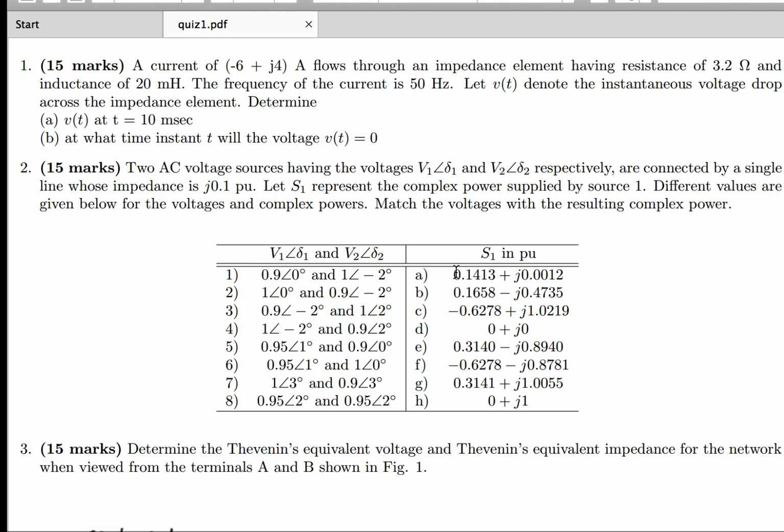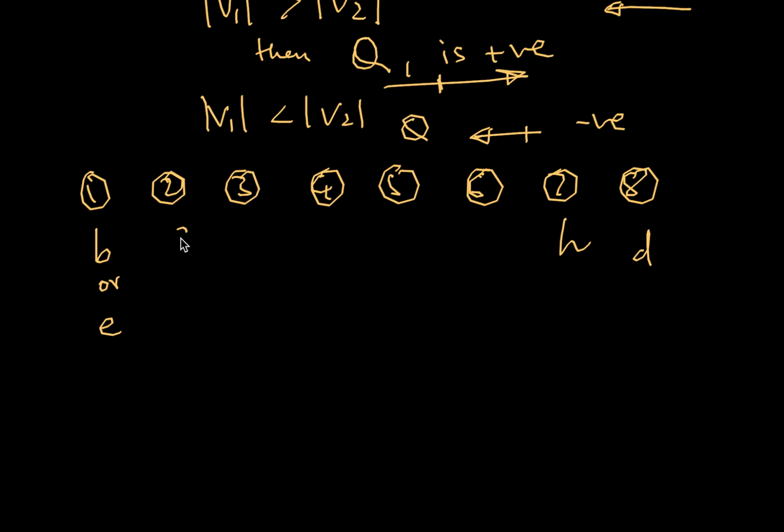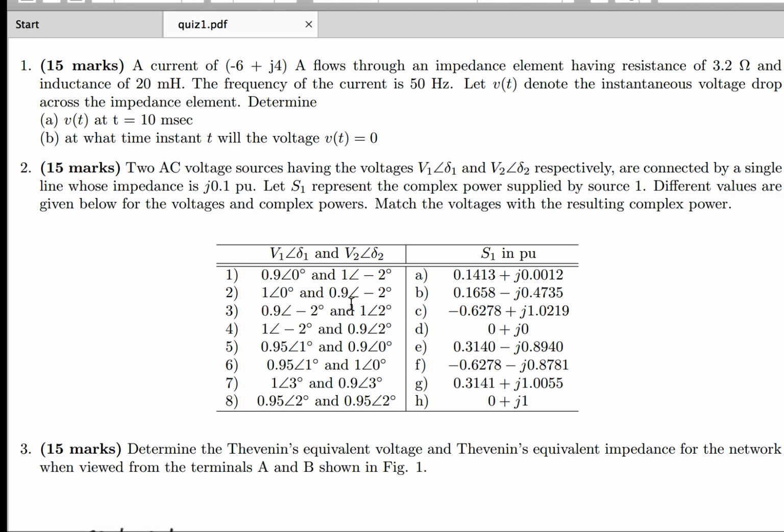So both positive, I have A and I have G. So A and G are the candidates. Let's write it like that. Now coming to the third one, look at the difference in the angle.